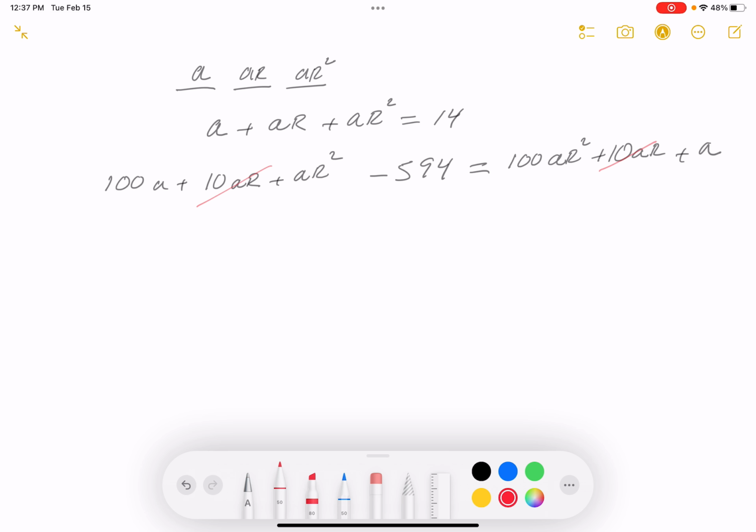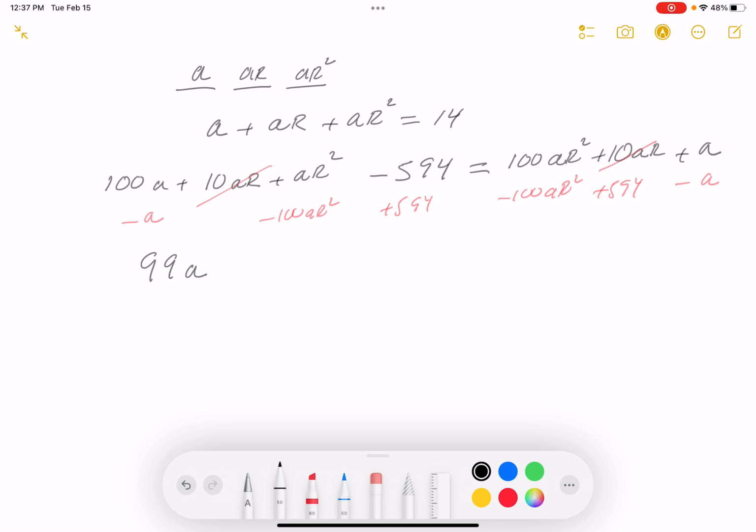The next thing I notice is if I subtract A from both sides, and if I subtract 100AR squared from both sides, and if I add 594 to both sides, what would I get?